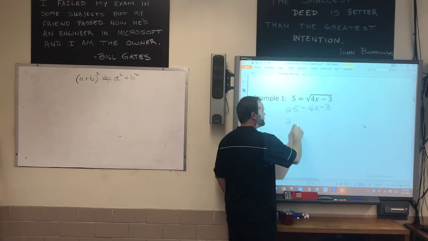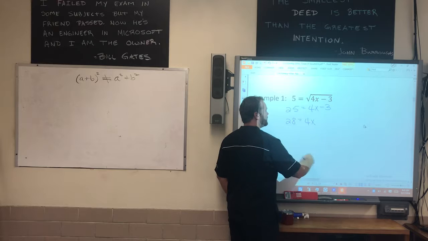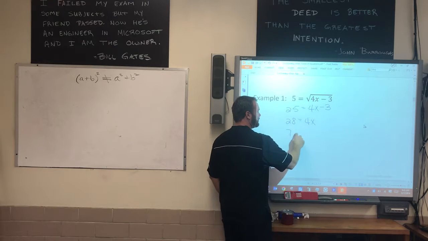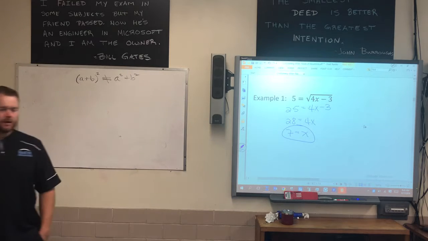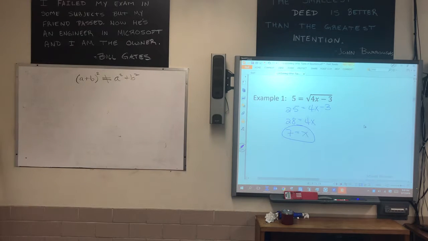Add 3 to both sides. Divide both sides by 4. 7 is equal to x, right? We should check that. We should plug that back in. I get 4 times 7 is 28, minus 3 is 25, right? What's the square root of 25? 5. So you get the left-hand side equal to the right-hand side, right? We know that's a true statement then, okay?